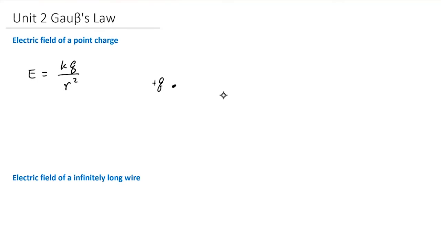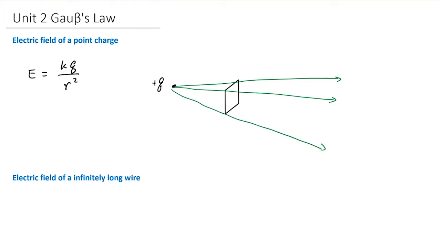So imagine there is some kind of a window that these electric field lines, which we call flux lines, go through.